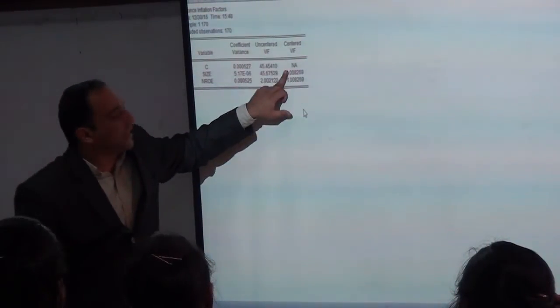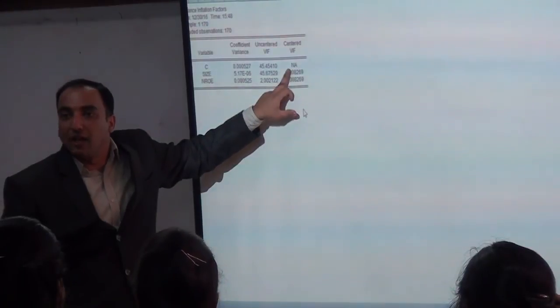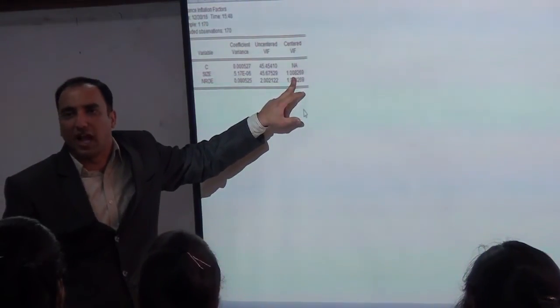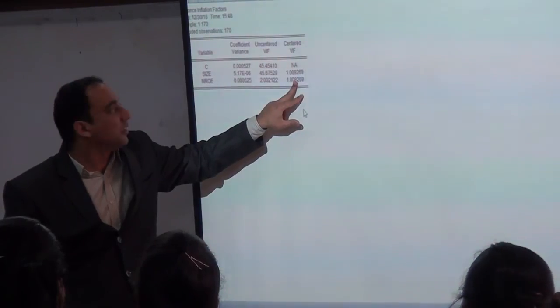Coefficient diagnosis. You can see your variance inflation factor. So you got your result. Go to View, Coefficient Diagnostics, Variance Inflation Factor, and do OK. Look at the centered VIF. If your centered VIF is less than 3 or 4, it means you don't have a very high problem of multicollinearity.